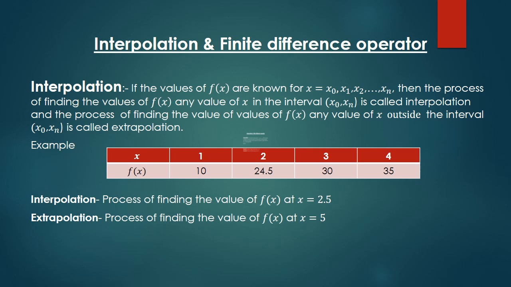Here, the process of finding the value of f(x) at x equal to 2.5, which is in the interval [1, 4], is called interpolation. Then, the process of finding the value of f(x) at x equal to 5, which is outside the interval [1, 4], is called extrapolation.